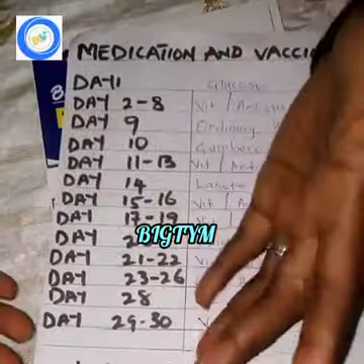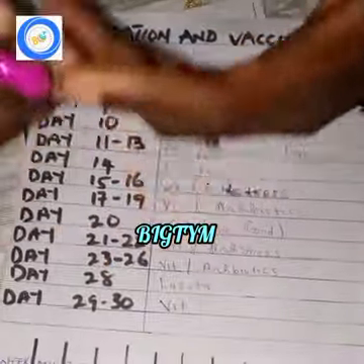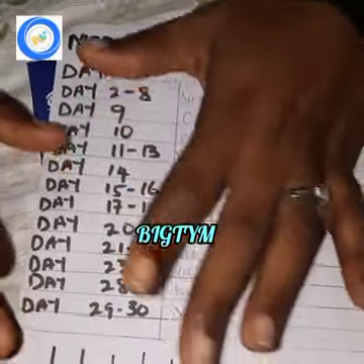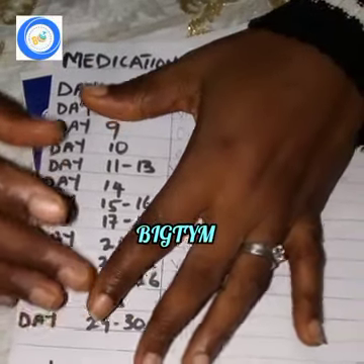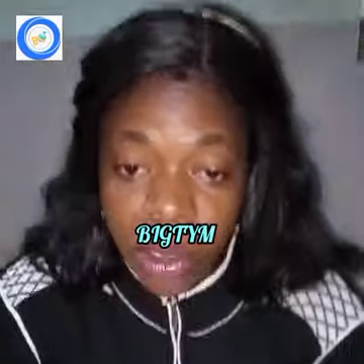I can just give ordinary water, vitamins, or medication based on the condition of the birds. I don't just give medication because everybody does that. As at day 30, I give medication based on the condition of the birds.